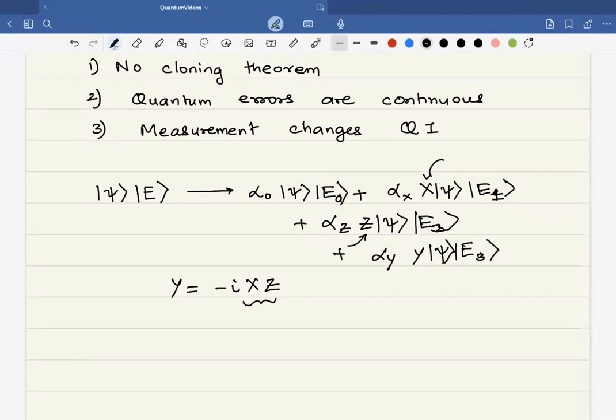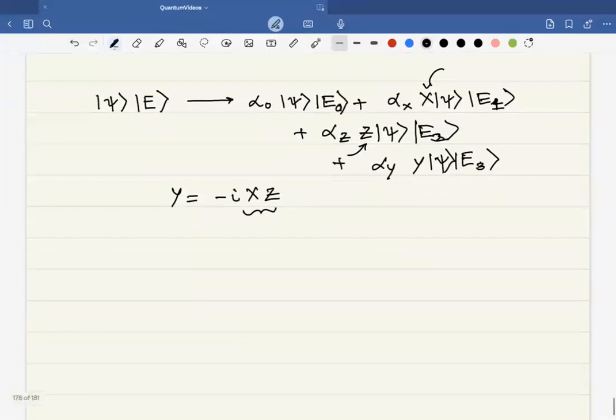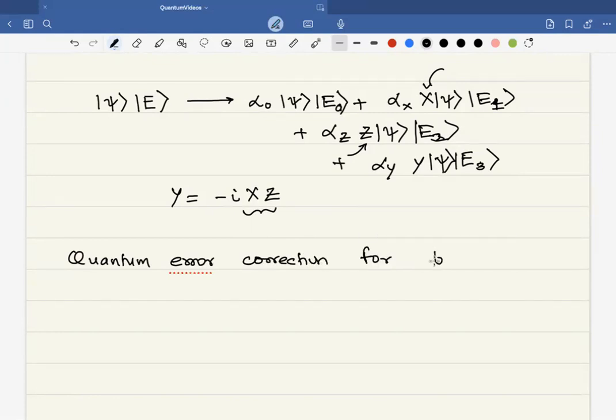All right, so that having been said, now let's see how we can devise a protocol to correct bit flip errors. So quantum error correction for bit flip errors.